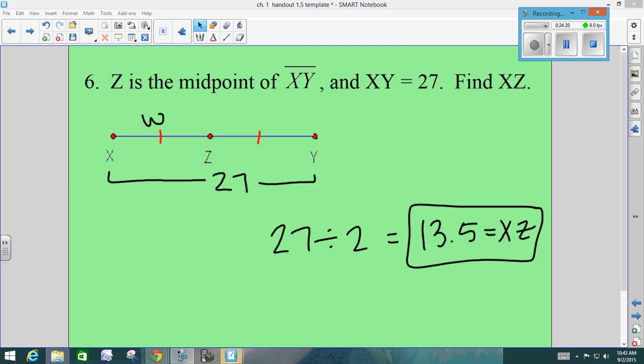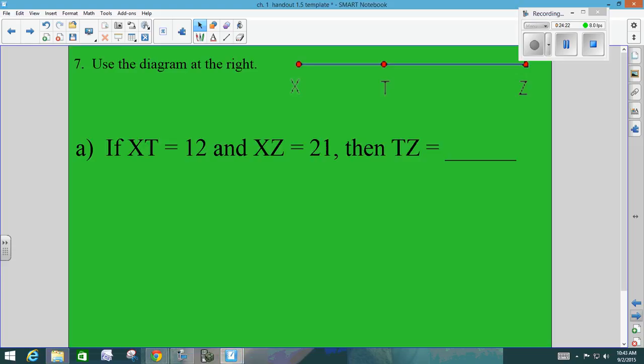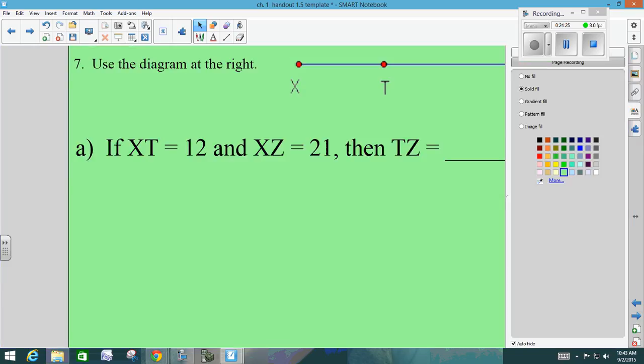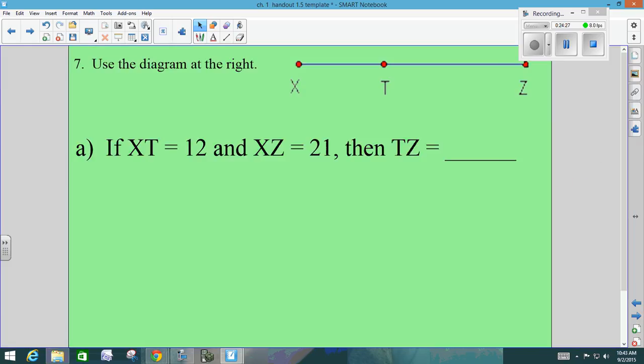Number 7 has a couple parts to it. The first one, if XT equals 12 and XZ equals 21, you need to find the length of TZ.